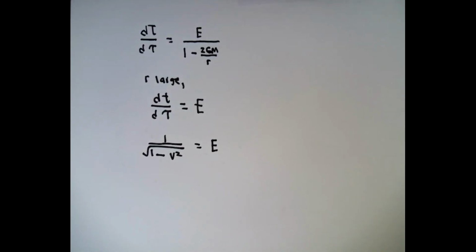Far away from r equals 0, E is going to be 1 over radical 1 minus v squared, where v is the speed of the individual whose proper time we are examining. If you are both very far from r equals 0 and moving very slowly, then E will approximately be 1. If E differs significantly from being 1, it's either because r is not very big, or v is very big, or both.